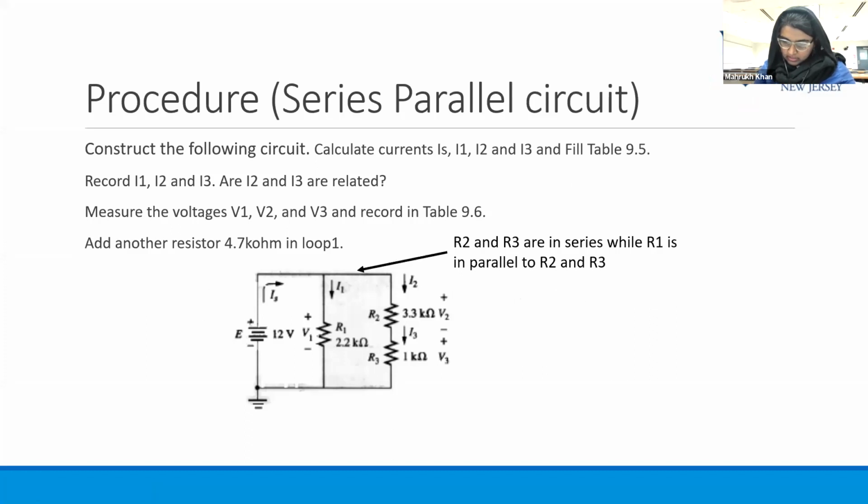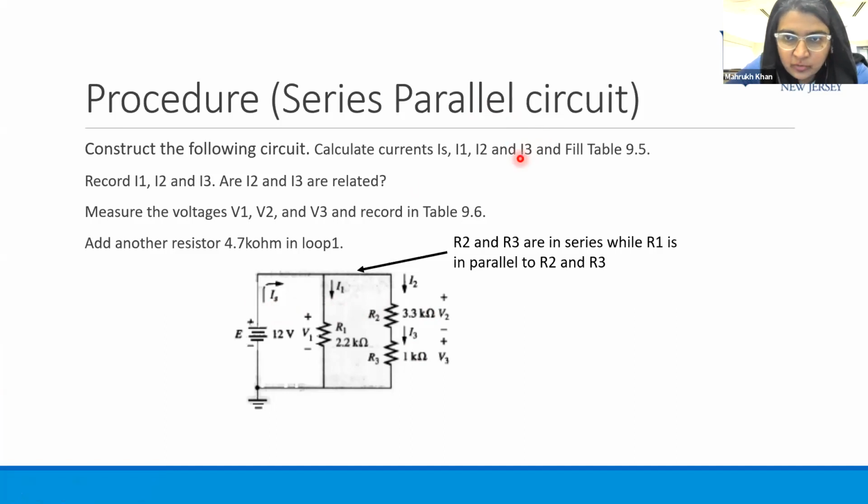So this is figure 9.4. You are supposed to simulate this in LTspice, and we need to find IS, I1, and I2.